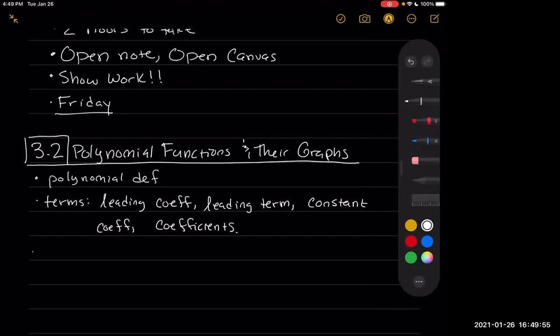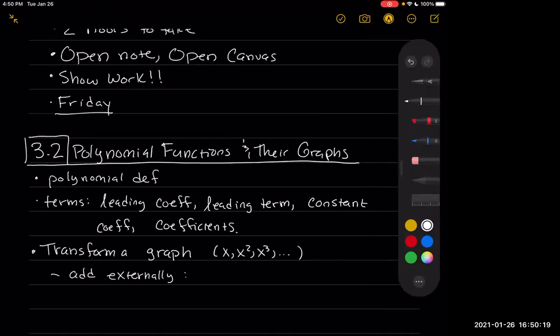We also learned how to transform a graph. So from the basics, like x, x squared, x cubed, and so on, we learned how to take one of these basic graphs and we learned to add externally. So that's when you have something like our function and then you add a number like 3 on the outside. We learned how to add internally.